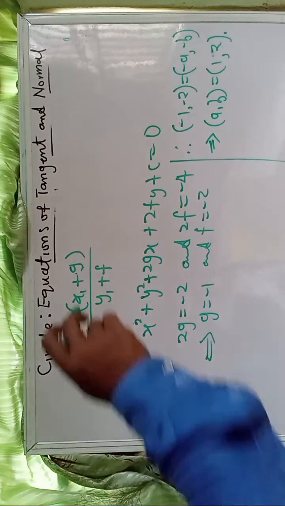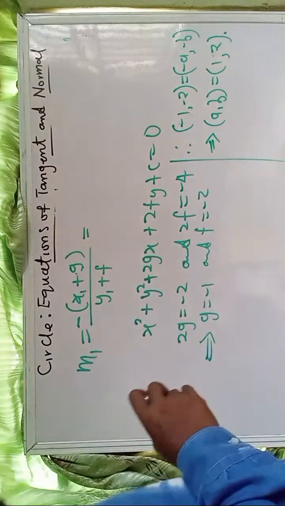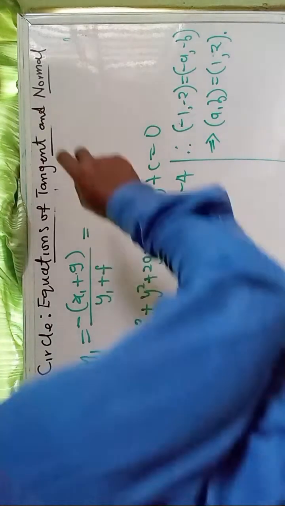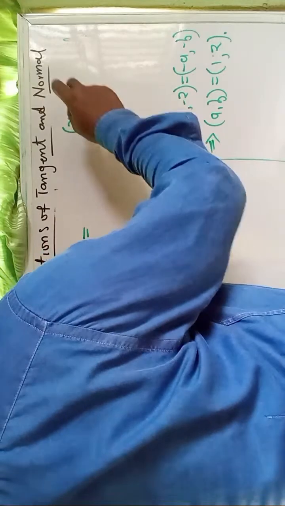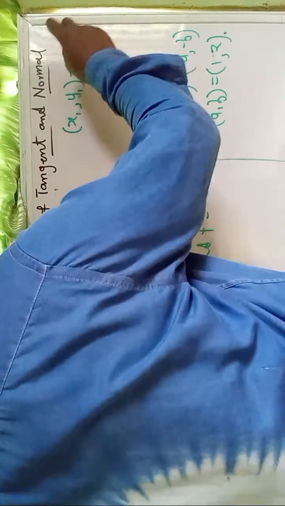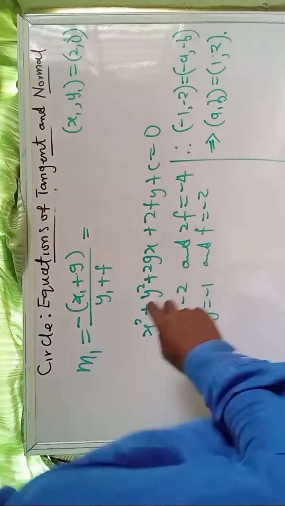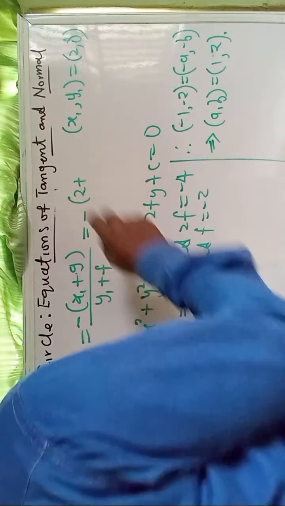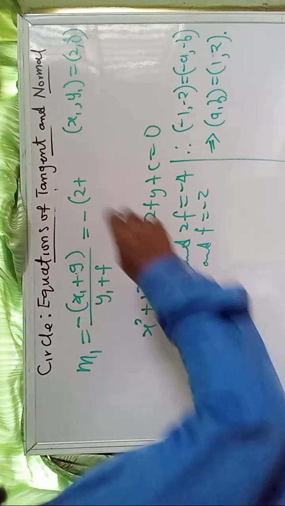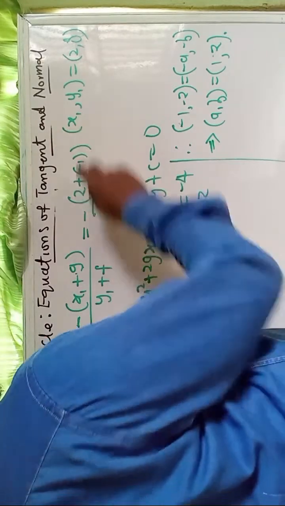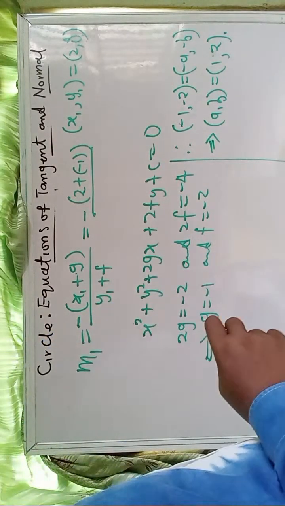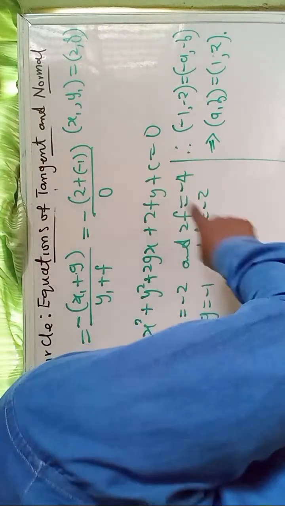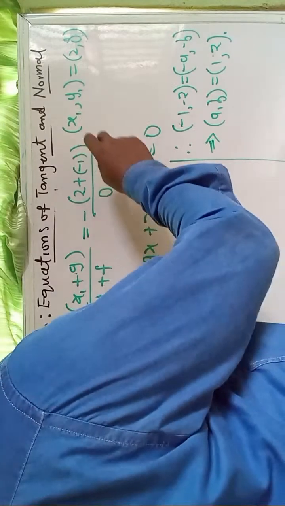From here we have that the slope m1 is, we are given this point, you will call it the point x1, y1, which is 2, 0. So this is minus 2 plus g, here g is minus 1, all over y1, which is 0, plus f, here f is minus 2.